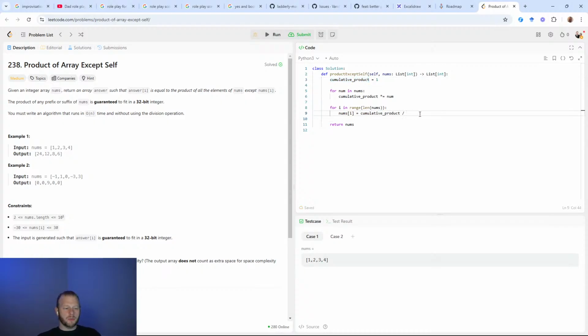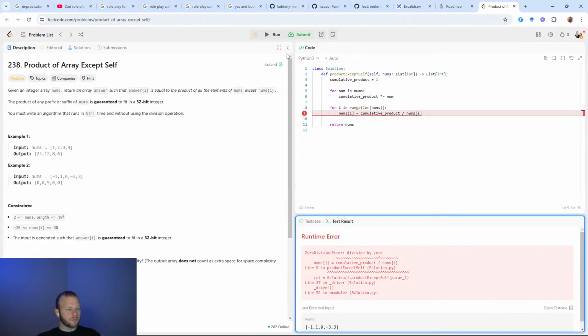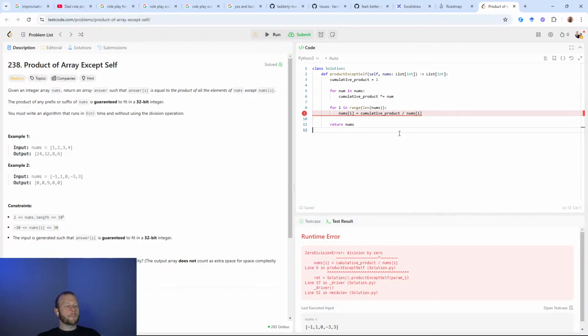Is this a medium for real? Okay. Well, let's not count the chicken. Let's not celebrate before I've got it, huh? Division by 0. Oh, there's the trick. Okay.